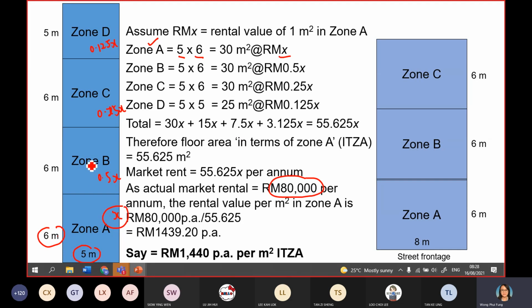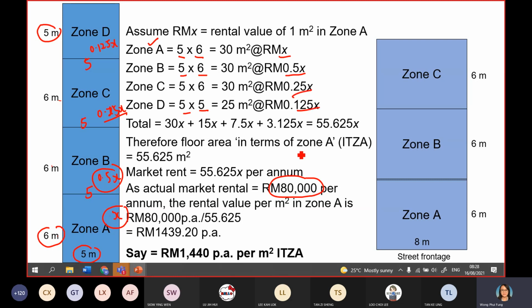Simple. Then zone B, similarly, 5, 6, 0.5x. Similarly here, 5, 6, 0.25x. The rest, zone D, is 5, 5 already, because here it is 5, so you don't always use 5, 6. So 5, 5 times 0.125x.